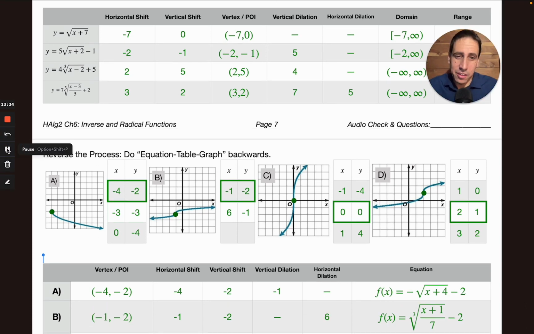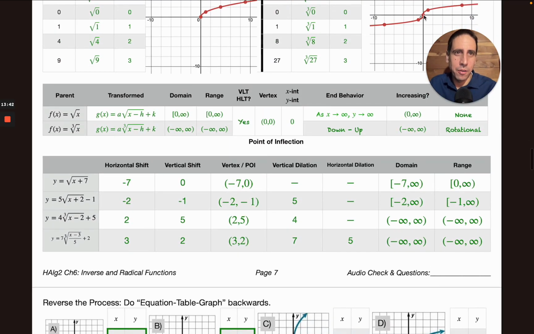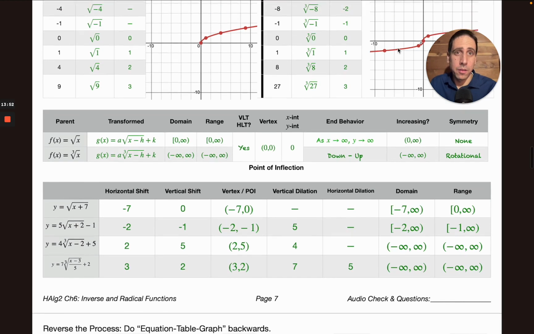And here's the tricky thing: there is a horizontal dilation. If you compare it to the original, the parent function here would go between these 2 easy to read points. It would rise 1 and run 1. It would go over 1, up 1, to go from this point 0, 0 to 1, 1.